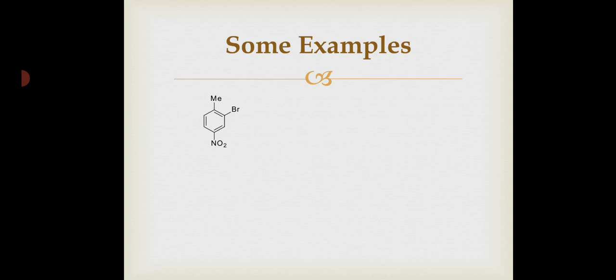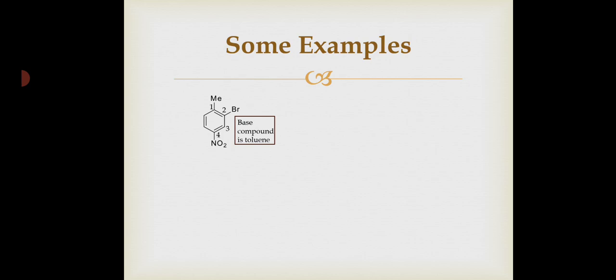What is the name of this compound? The base compound is toluene. Now, the carbon of the benzene ring to which the methyl group is attached is numbered 1. And so that the remaining substituents, bromo and nitro, get minimum numbers, the numbering should be done in this manner.